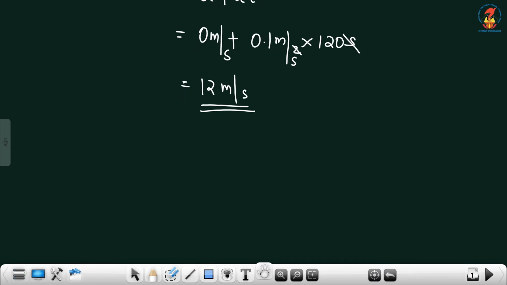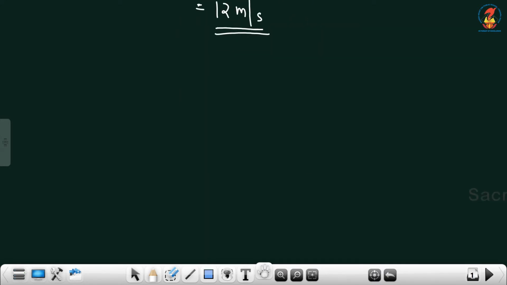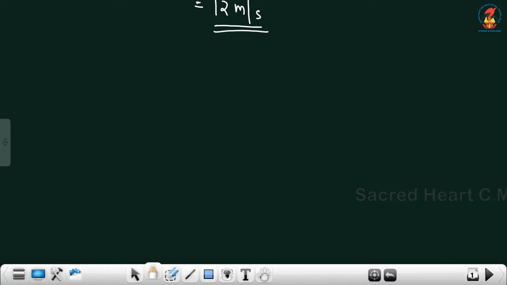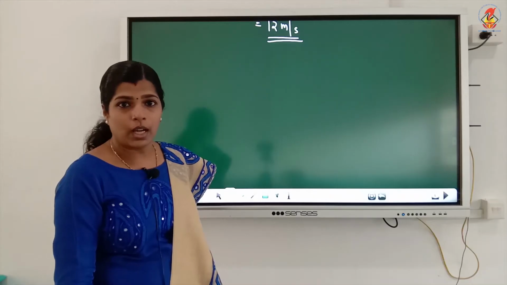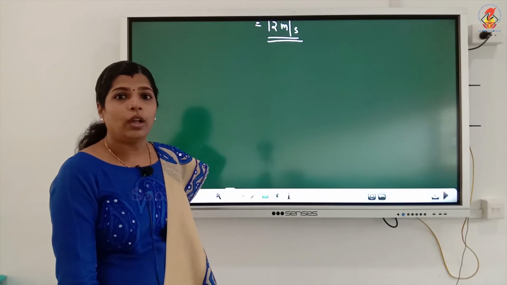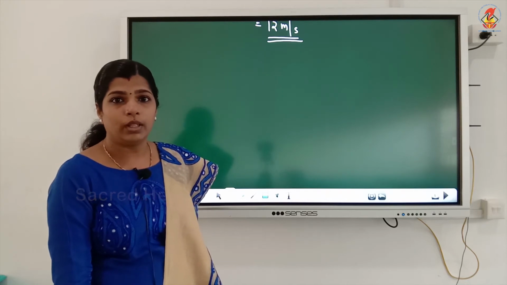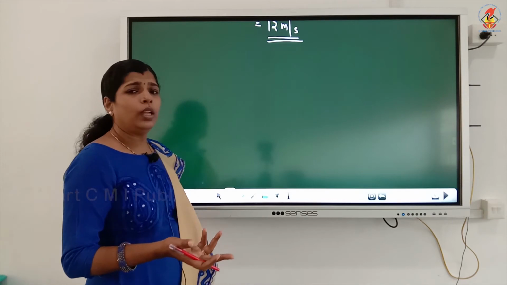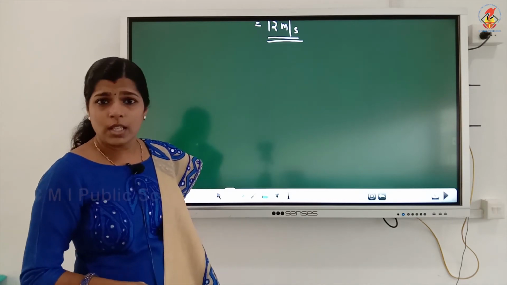Now what do you have to find out? You have to find the distance travelled. So what's the equation to find distance travelled? Any of the two equations you can use. Either S is equal to ut plus half at square or v square minus u square equal to 2as. Any of these two equations you can use and you can find the distance travelled.